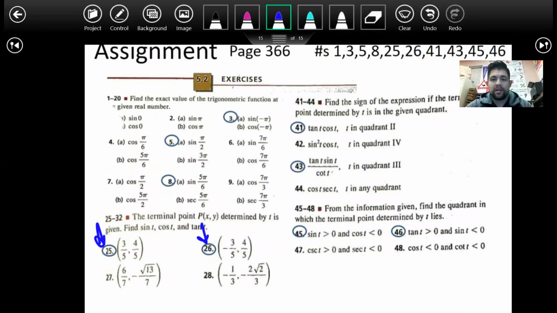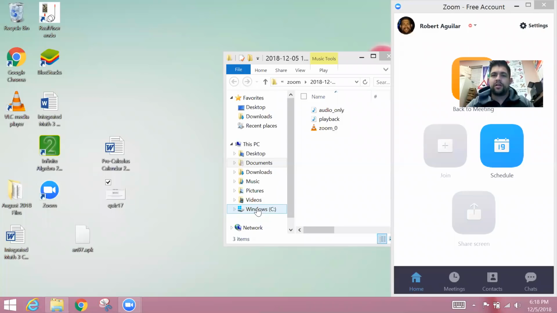This is x and y. And then try this one and this one. These are the two that are really good to look at. The other one is find the trigonometric ratios of these ones. This one is good as well. Don't do 3, don't do 5, 45, 46. We'll talk about those on Friday if I need to. Besides that, you guys are good to go.